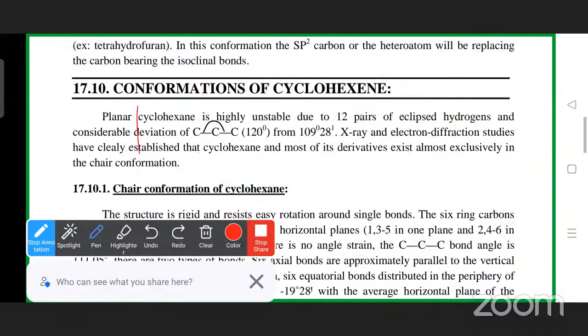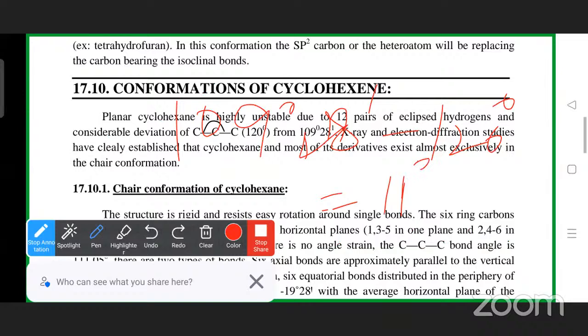The difference between 120 and 109 degrees 28 minutes is nearly 11 degrees.